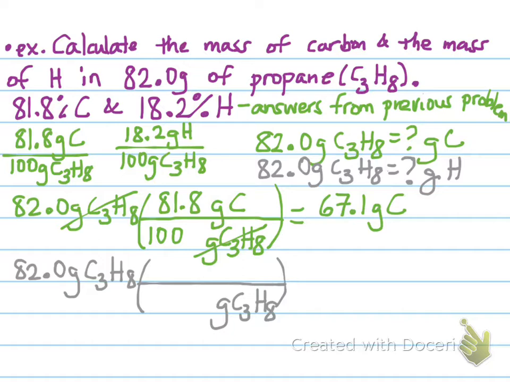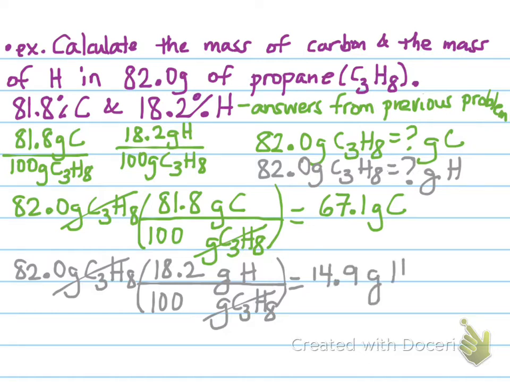This time we're trying to calculate our grams of hydrogen, so grams of hydrogen will go on the top. Again, we know our percent composition, so if we assume we have 100 grams of our propane, that means our percentage, which was 18.2, is going to become grams of hydrogen. Again, we should have 3 significant figures. So 82 times 18.2 divided by 100. And you should get about 14.9 grams of hydrogen.